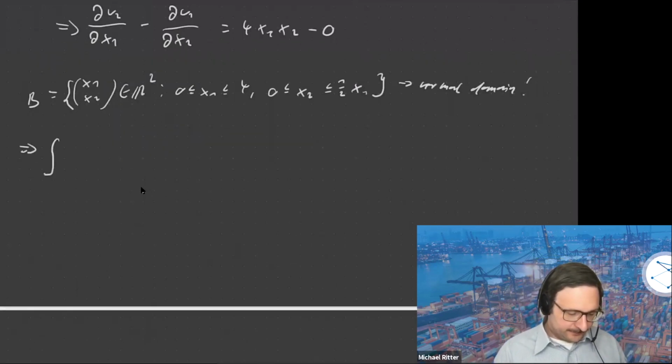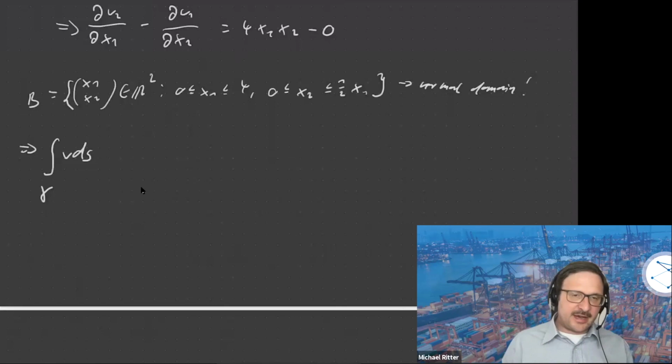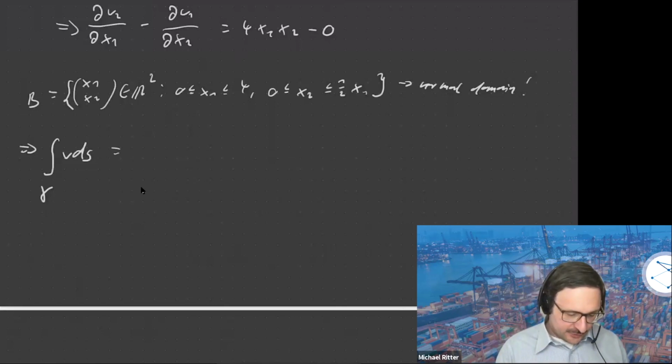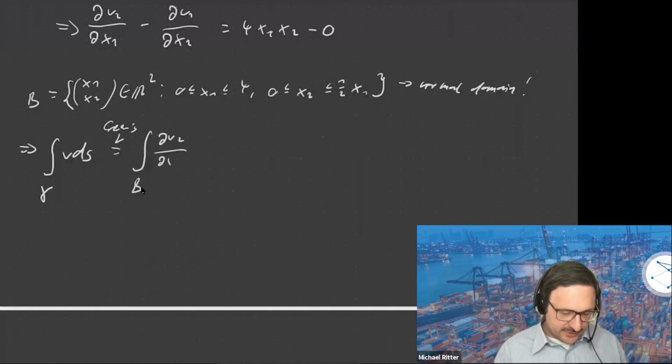So what we want is actually this integral here, the integral of v ds over the curve gamma. Gamma is the boundary of B. So we apply Green's theorem. And we get, well, this is the integral over B of dv2 dx1 minus dv1 dx2 dx1 x2.